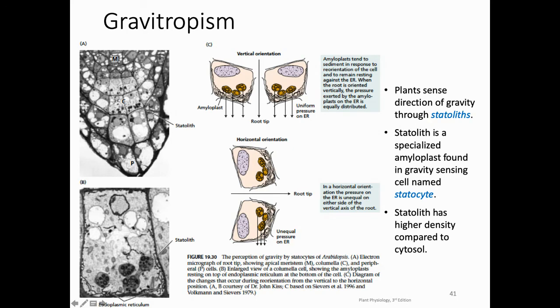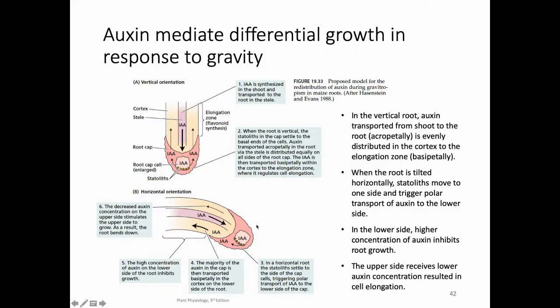Then the plants know that the direction of gravity has changed, where the lowest side of the plant is just where the starch grains are. So the plants can respond like this.